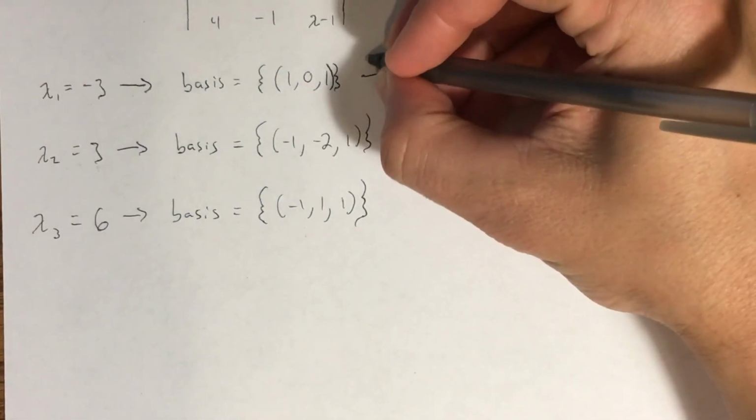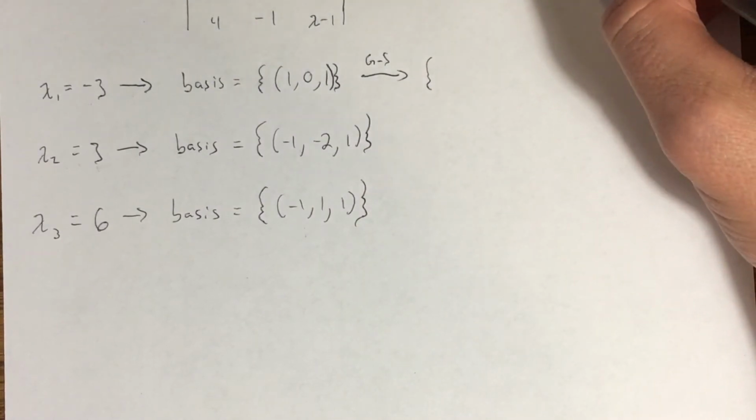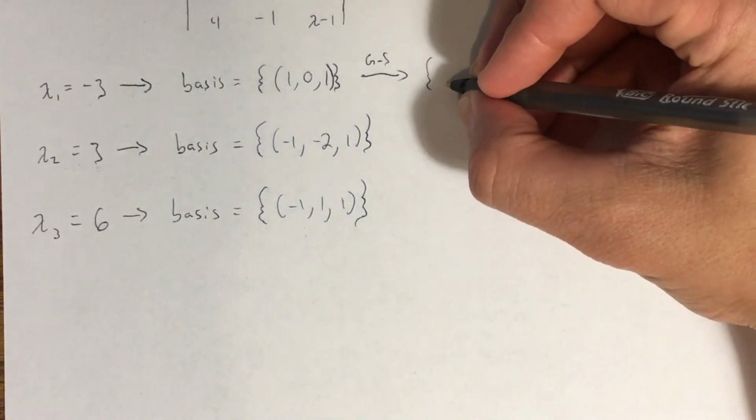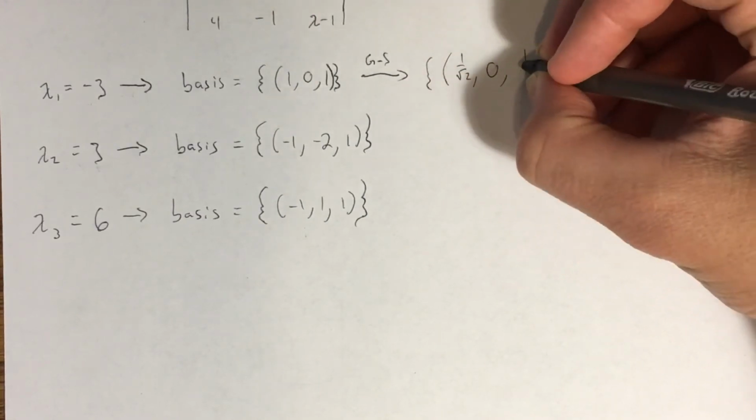So I'm going to say GS for Gram-Schmidt. All I need to do is normalize this vector. This would be the vector 1 over root 2, 0, 1 over root 2.